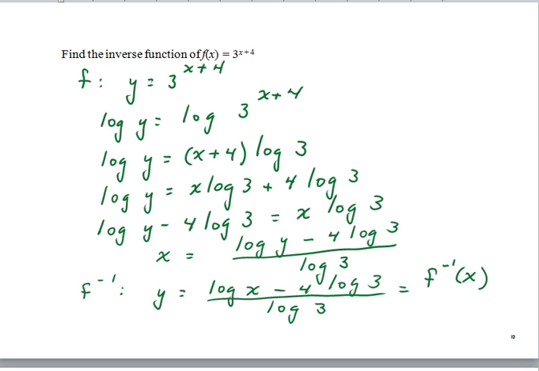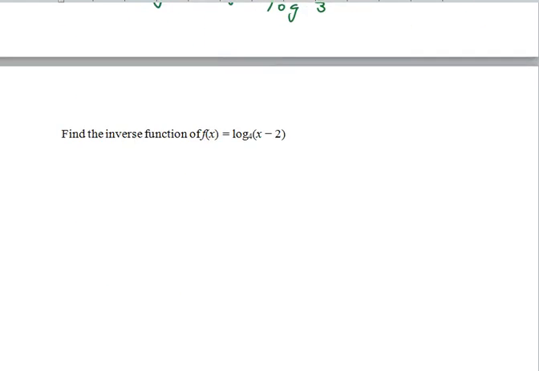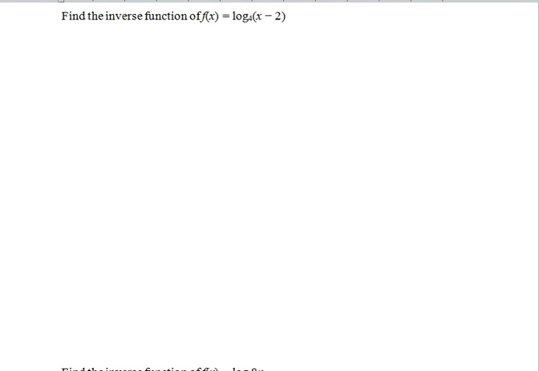So let's go to the next example. This is the log example. Find the inverse of f of x equals log base 4 of x minus 2. So our two-variable equation for f is y equals log base 4 of x minus 2.